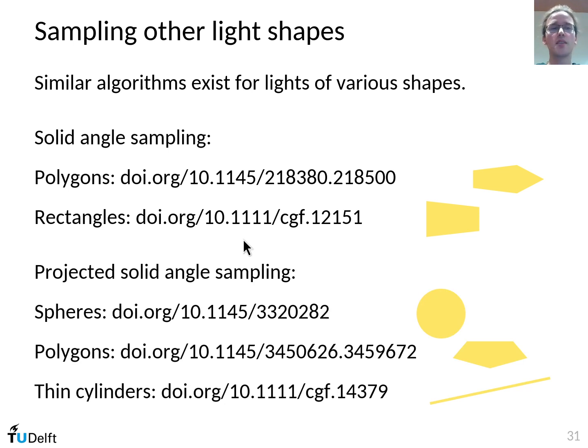And if you want even better sampling, then you can use projected solid angle sampling that only generates samples pointing towards the light source. This is available for spheres, polygons, and thin cylinders. And of course, this will take a bit more compute than just the solid angle sampling, but it will give you still higher quality samples. And I should admit here that these are all papers that I wrote myself, so I'm kind of advertising here.